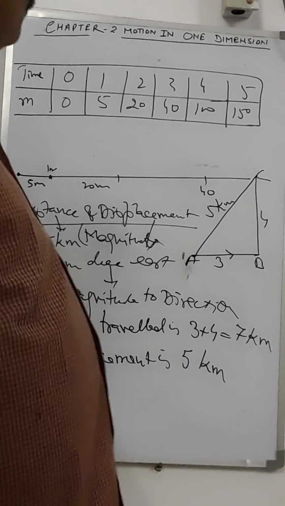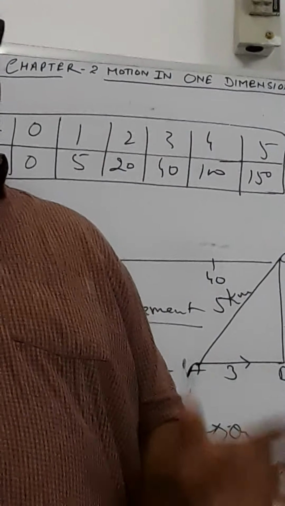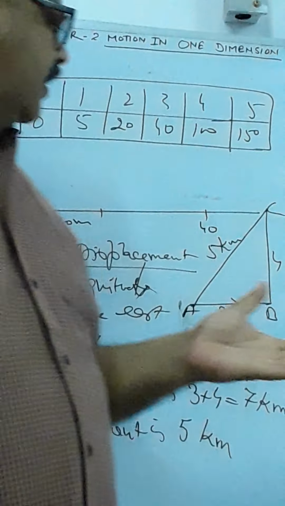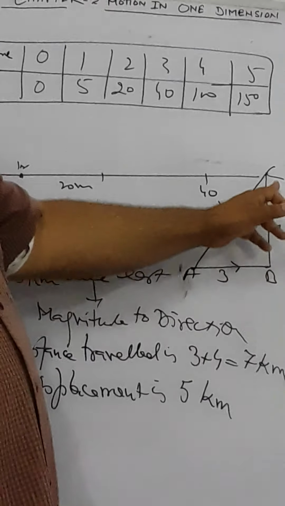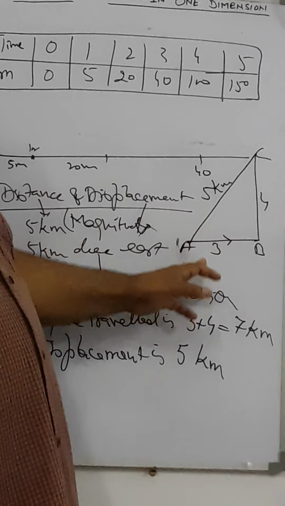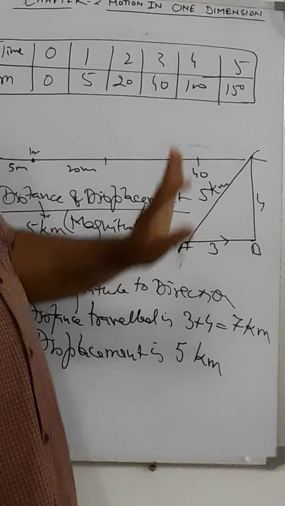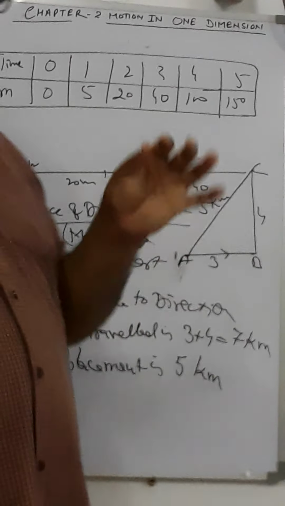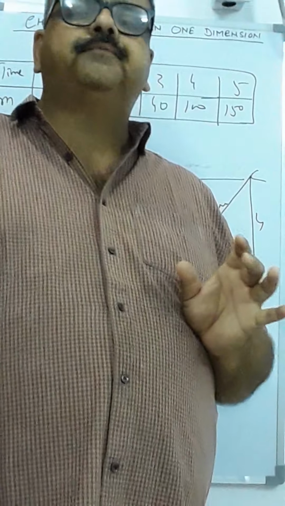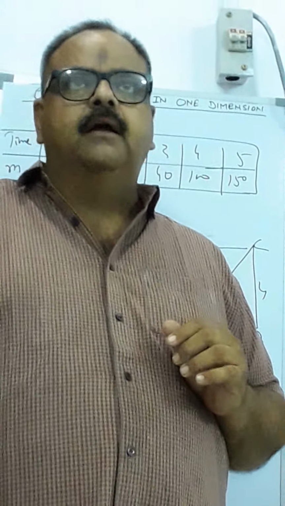So we are discussing distance and displacement. I have travelled A to B 3 kilometers, B to C 4 kilometers. But if I calculate directly, it will be 5 kilometers, this will be the displacement in perfect direction. So direction and displacement can be equal. Distance can be more than the displacement traveled by a body.